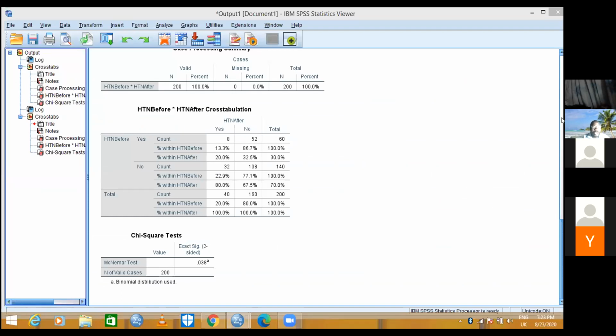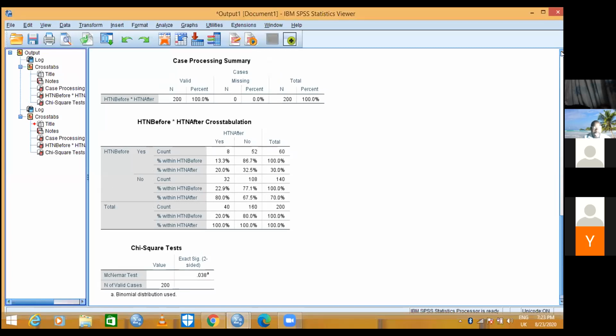Now, the question Jane was asking: how do you interpret this? If you look along here, you look at the column percentage. There were 60 hypertensive before and 140 non-hypertensive, and the total is 200.